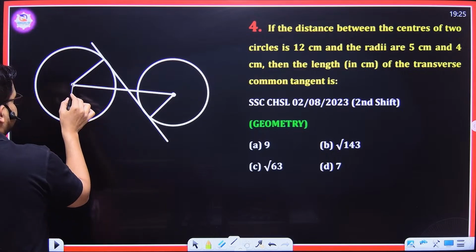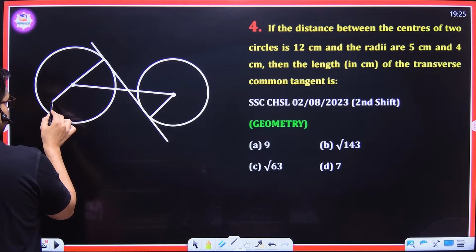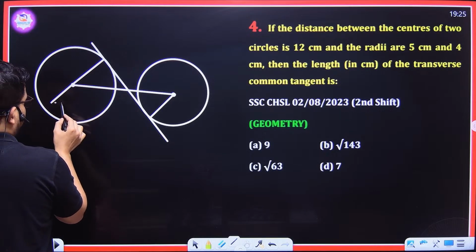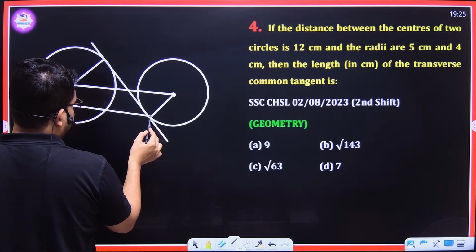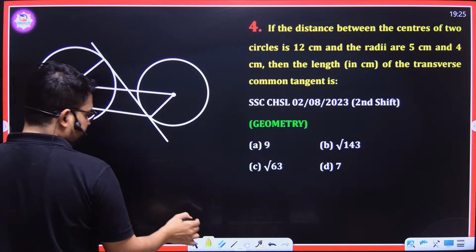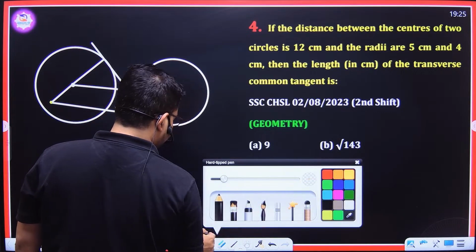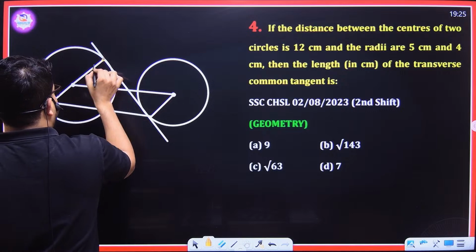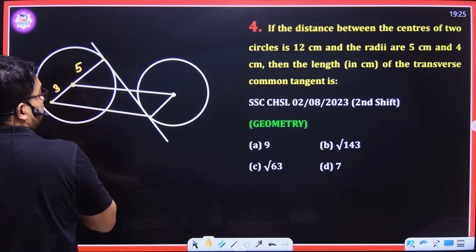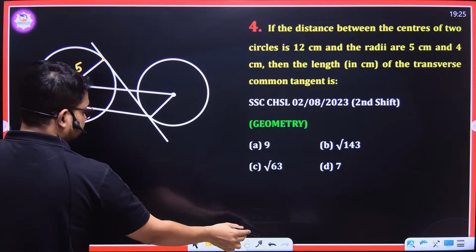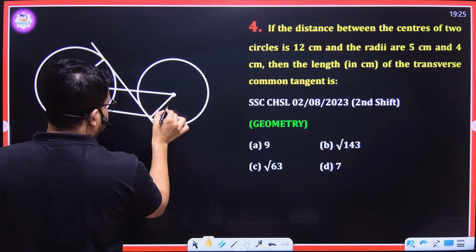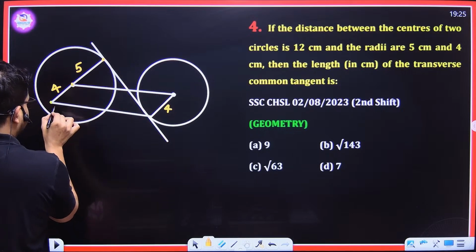If I extend this radius, I have to extend it by the radius of the smaller circle. So this one is my radius, 5, and this one is 4 in length. And the distance between the centers is 12.